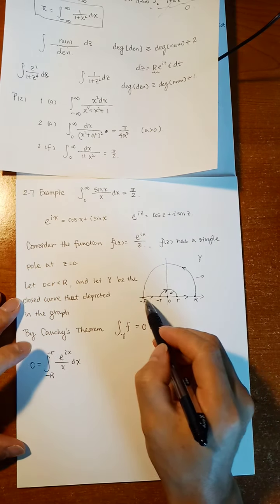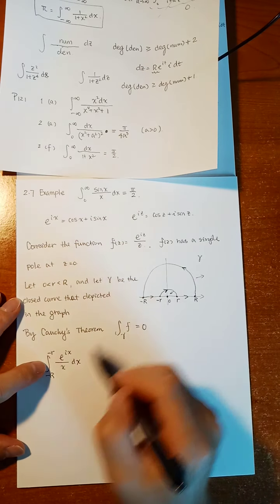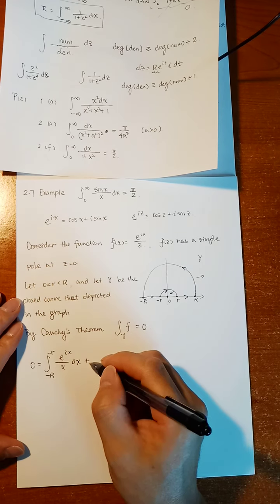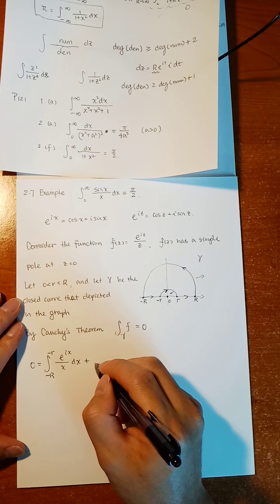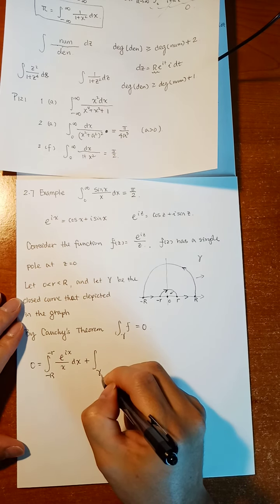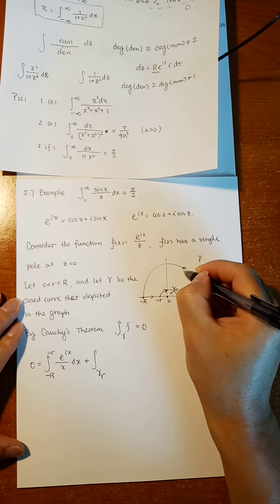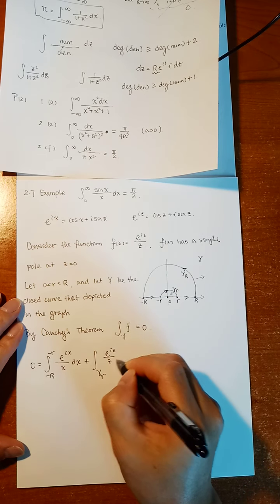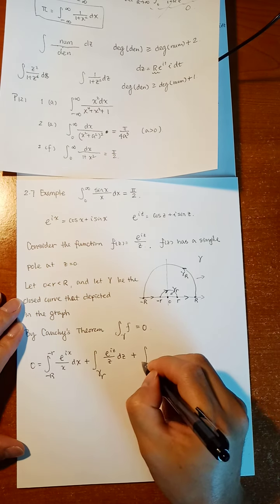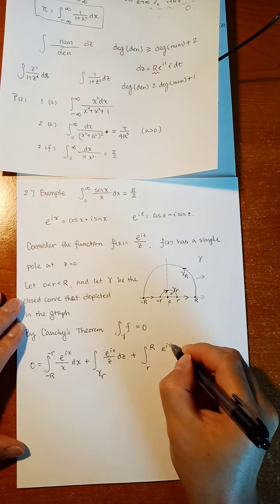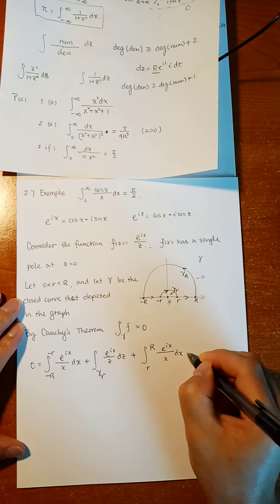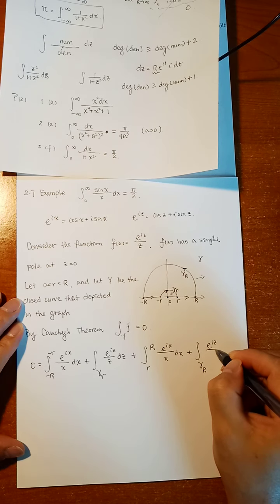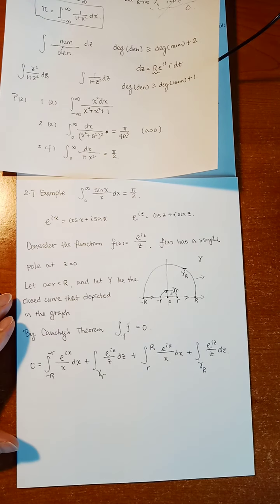Here it's a real variable, so x goes from negative capital R to negative small r, plus the integral along gamma little r, and e^(iz) over z dz, plus from little r to capital R, e^(ix) over x dx, plus the integral along gamma capital R of e^(iz) over z dz.